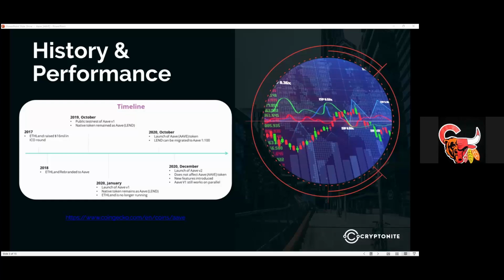And in January 2020, they actually launched the V1 of Aave. And by October 2020, they actually migrated Lend completely to the Aave protocol, and they did a 1-to-100 ratio. And by December of that same year, they actually launched the V2. They currently just launched V3. We're going to see that in a minute. But up until now, we were running basically on V2, and V1 was still working.